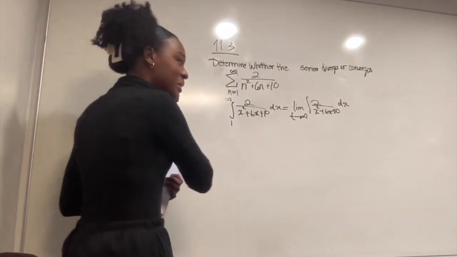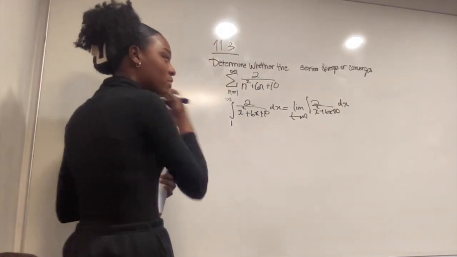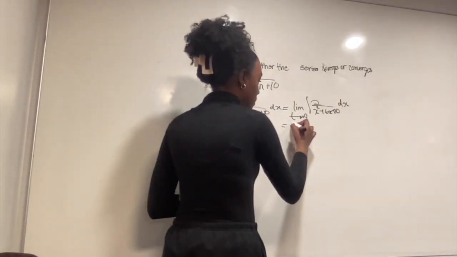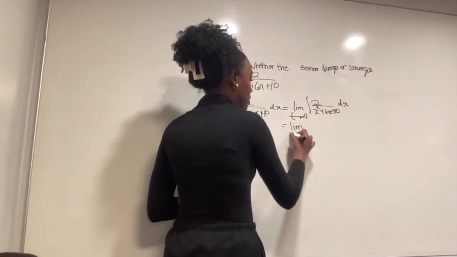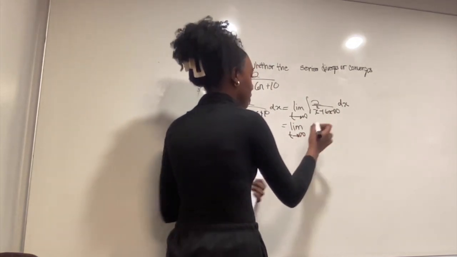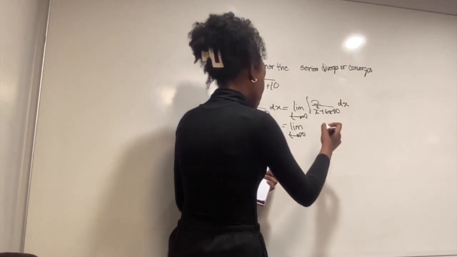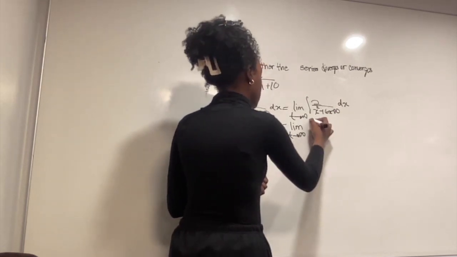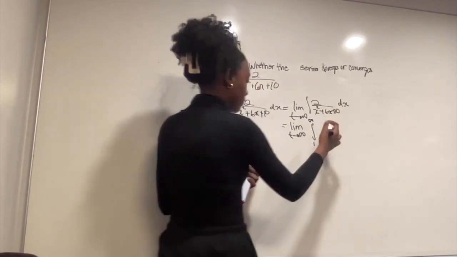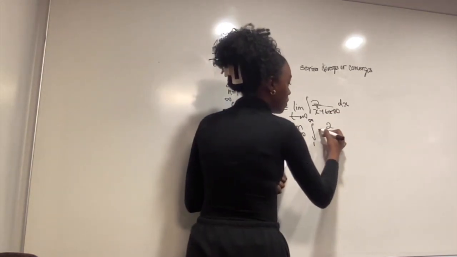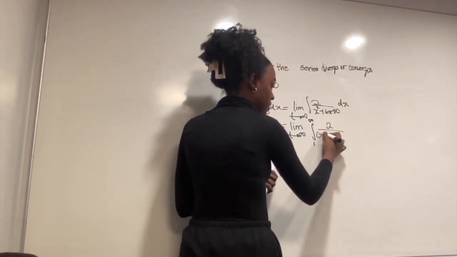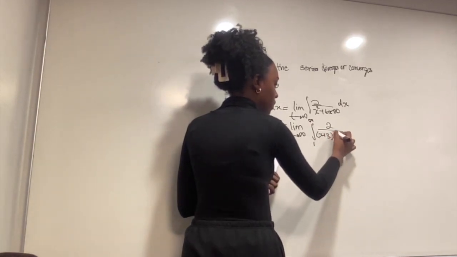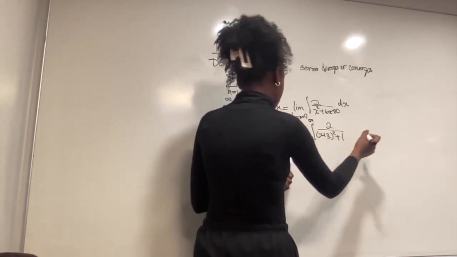This integral becomes simpler to solve when we rewrite it as the limit as t goes to infinity, from 1 to infinity, of 2 over x plus 3 all squared plus 1 dx.